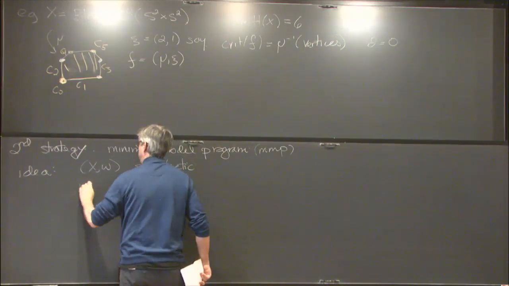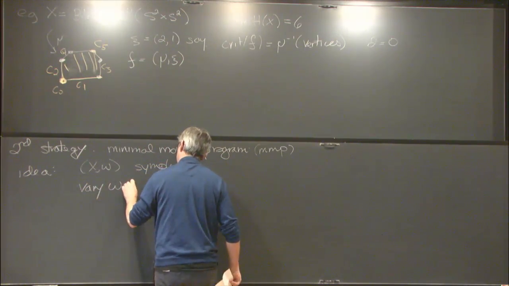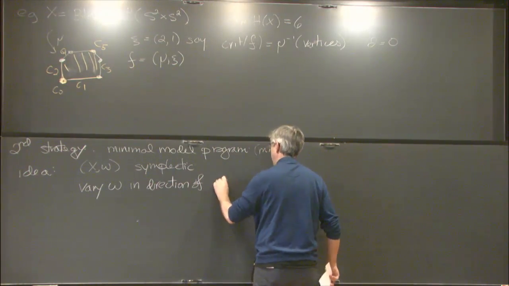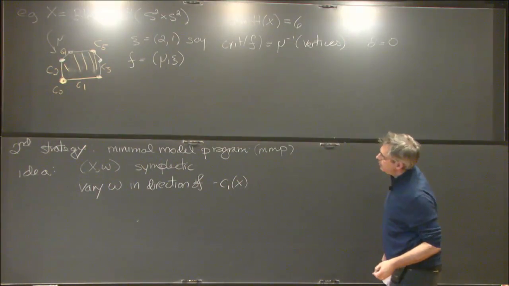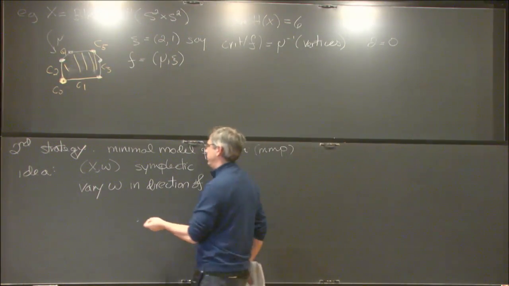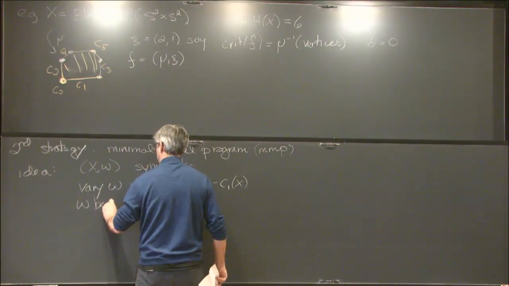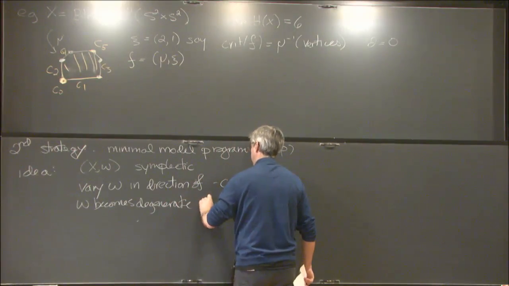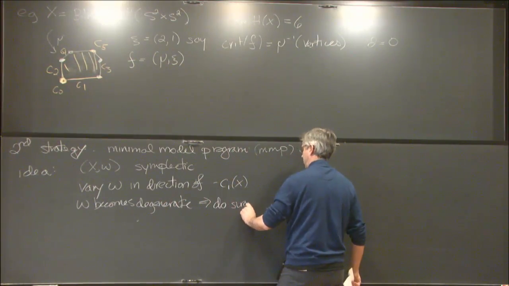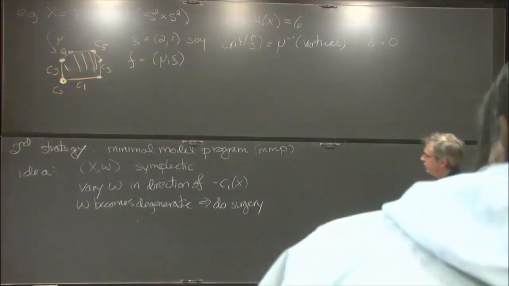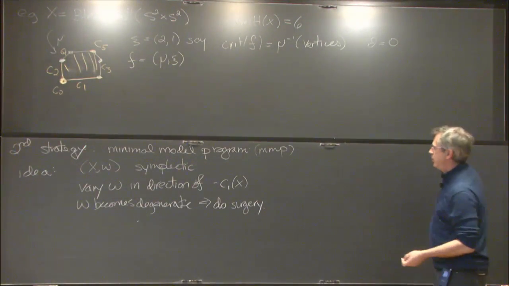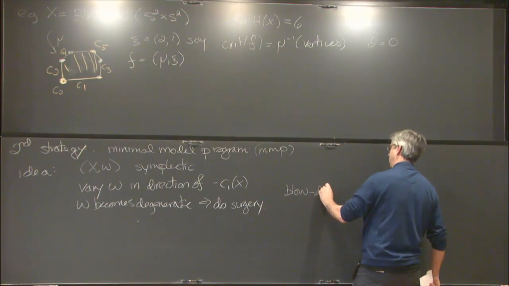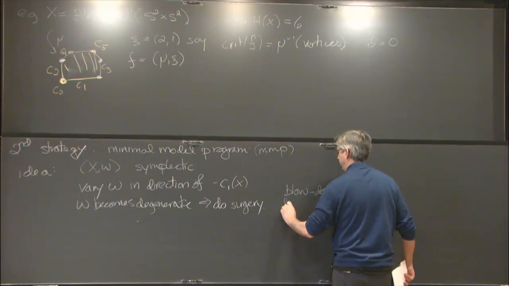And you try varying omega in the direction of minus c1 of X. And then whenever omega becomes degenerate, then you do some sort of surgery. And the surgeries in the MMP, they're called either, for today I'll just pretend that they're either blowdowns or flips.